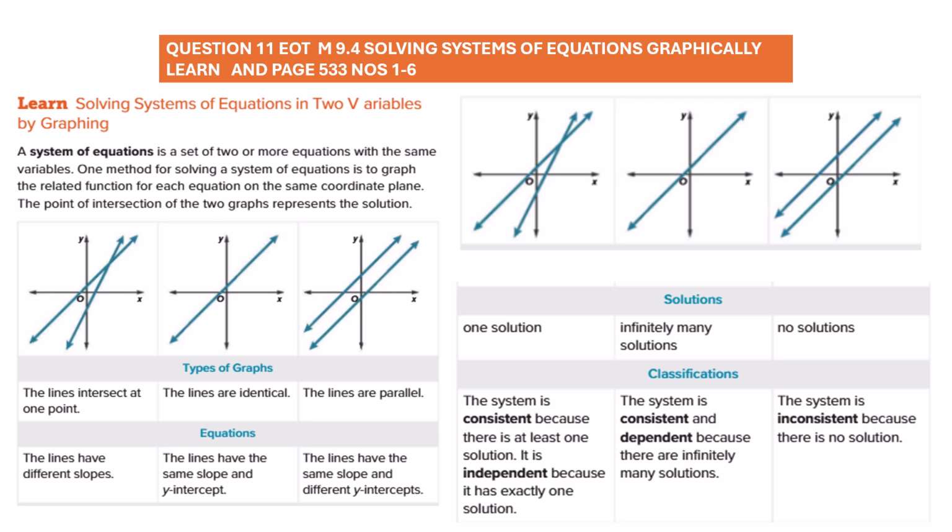So let's go through the learn part very quickly and understand what is expected of us in this section. So we are given 2 equations, and therefore it's called a system of equations because it is a set of 2 or more equations with the same variables. That is, they will have x and y generally.